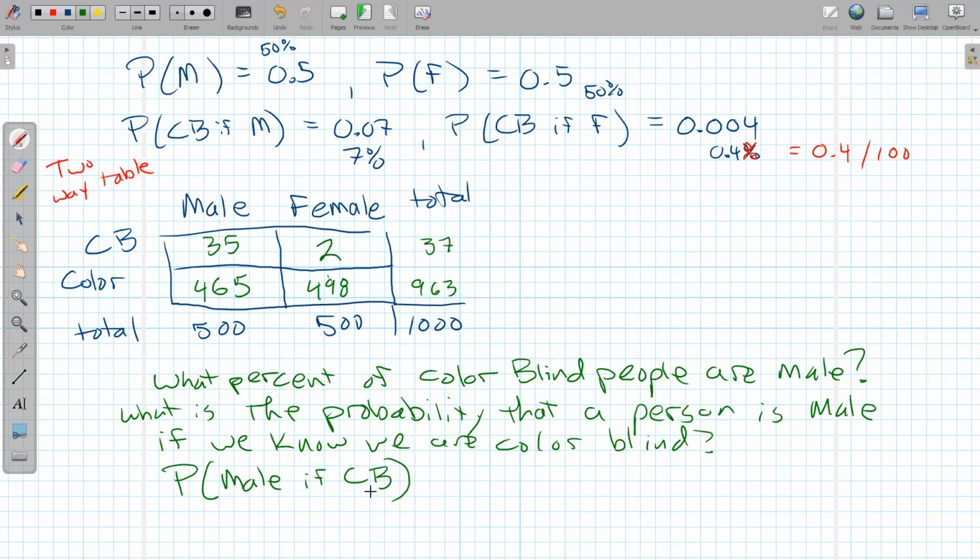And anytime we have that kind of knowledge, this is our knowledge that changes everything. That is all we care about. So with this question, all I care about are the colorblind people. Colorblind is in this row, so I only focus on that row. In that row, I want to look at males. So there are 35 males out of 37 total that are colorblind.